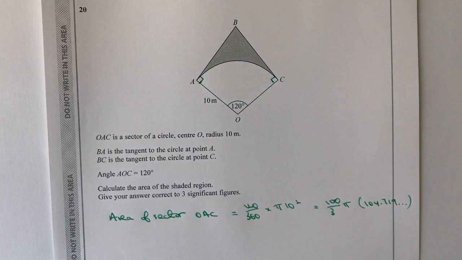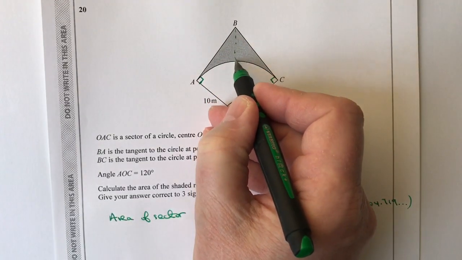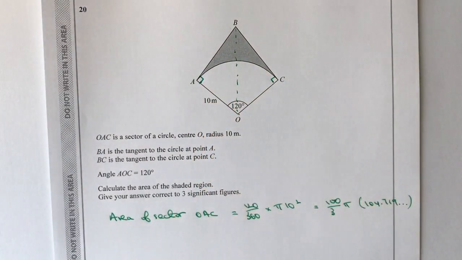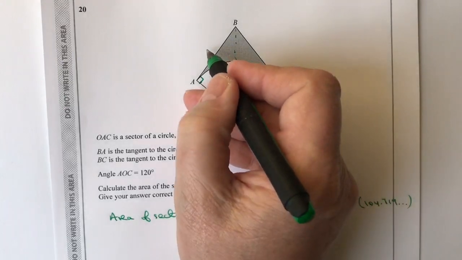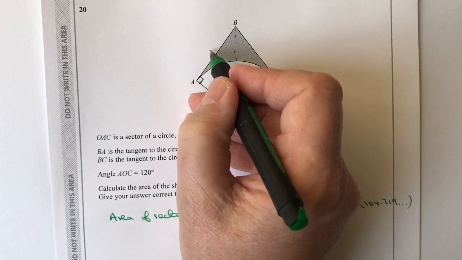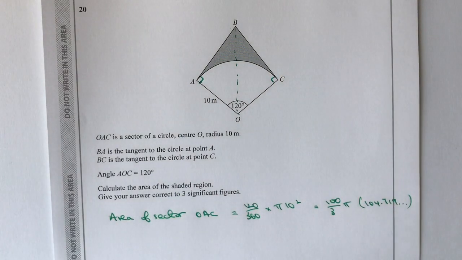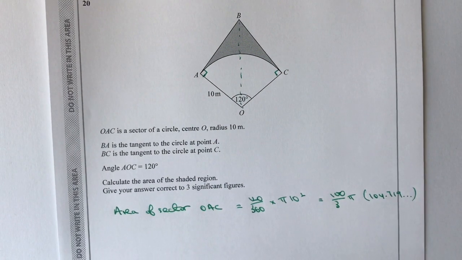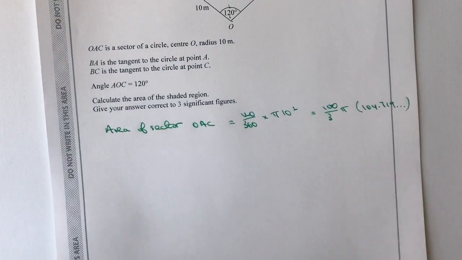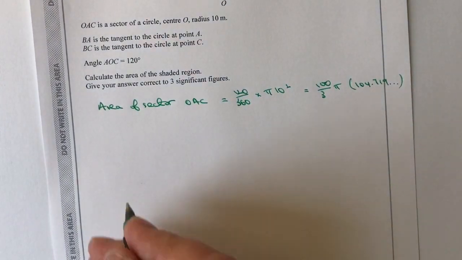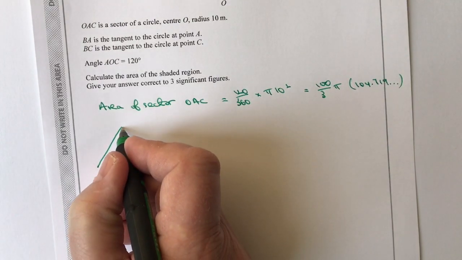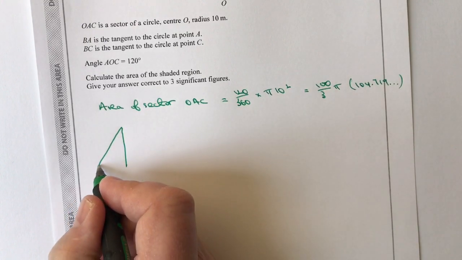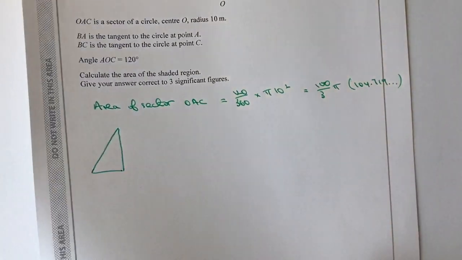So what we've got here is two right-angled triangles, and we can use SOHCAHTOA to work out the height of this particular triangle. I'll draw it so you can actually see it. I'll try to copy it, I've got this triangle. I think I'll do the right-hand side one.